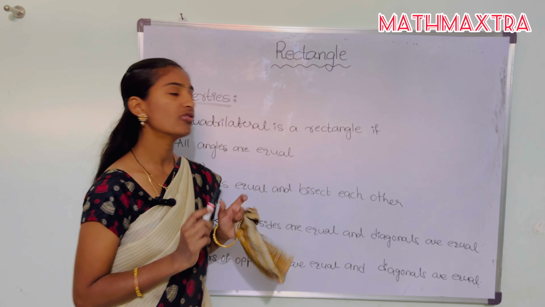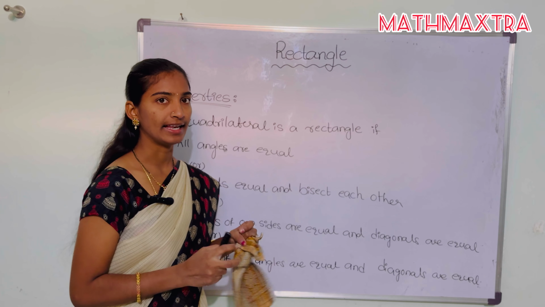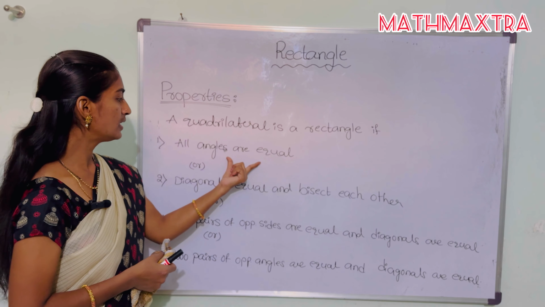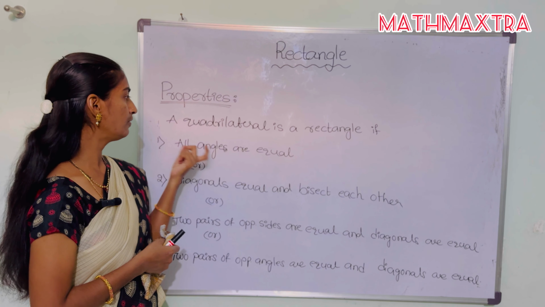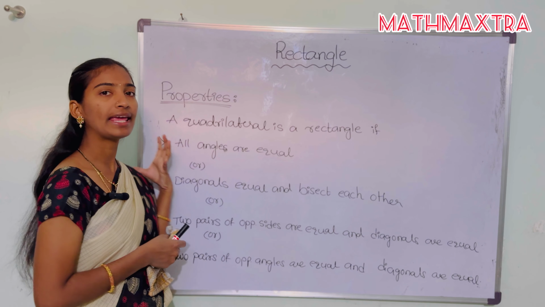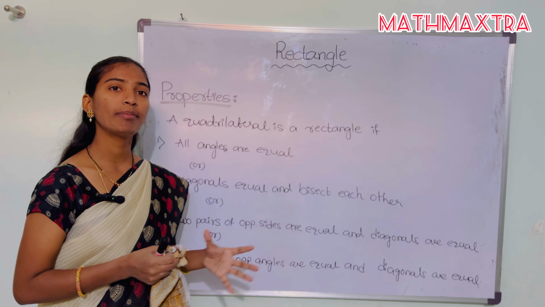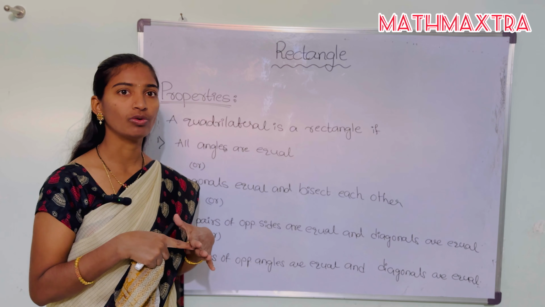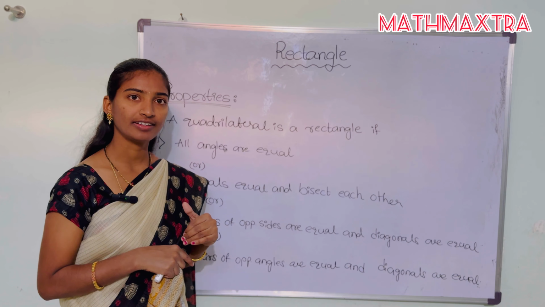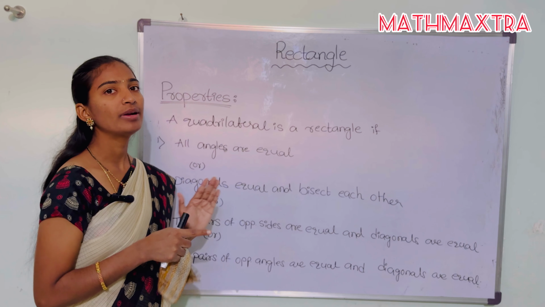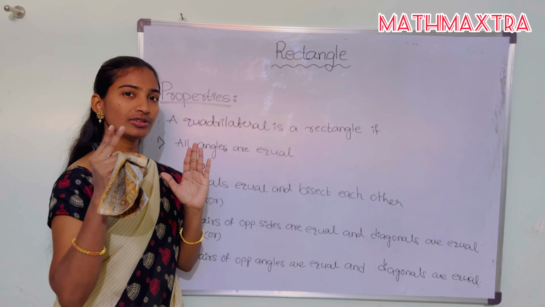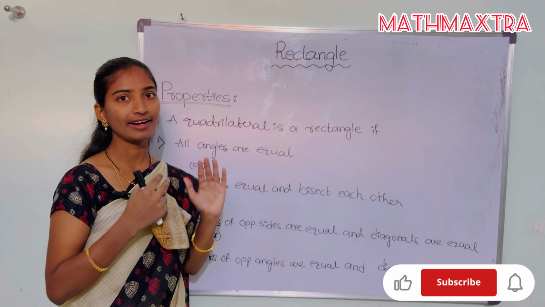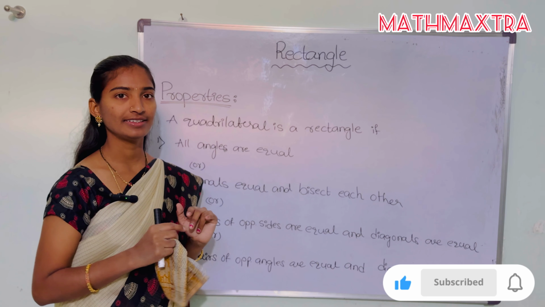Okay, a quadrilateral is a rectangle if it holds any one of these properties. See, if it is mentioned that all angles are equal, then what happens? If all angles are equal, each measures 90 degrees, then automatically the opposite sides are parallel as well as equal, and the two pairs of opposite sides are parallel and equal, and each measures 90 degrees.